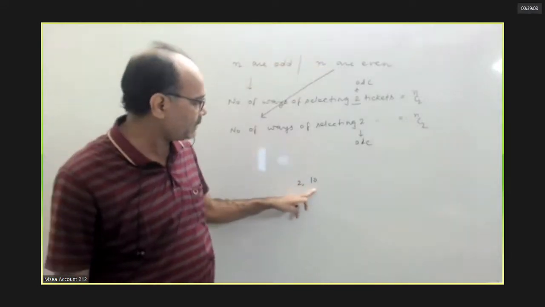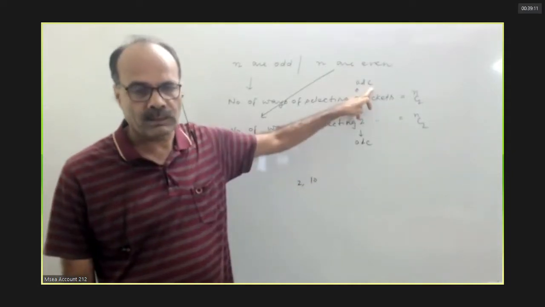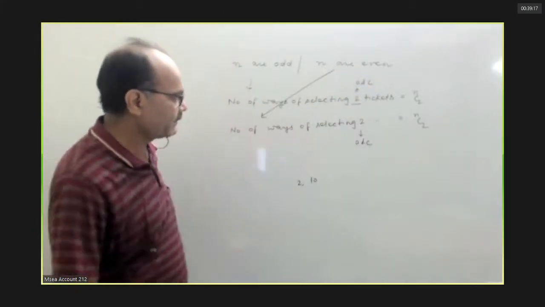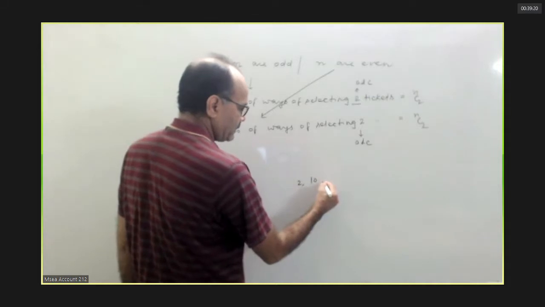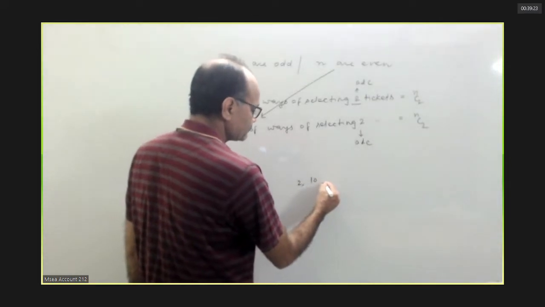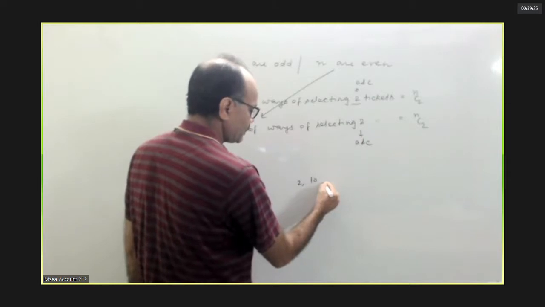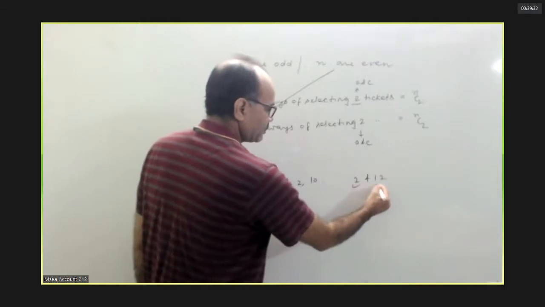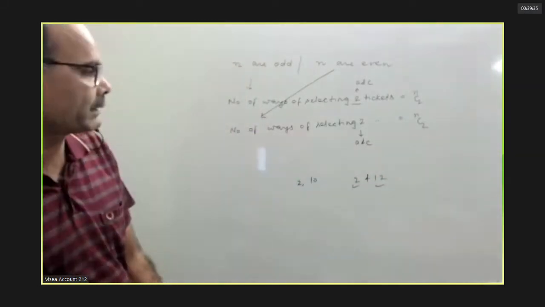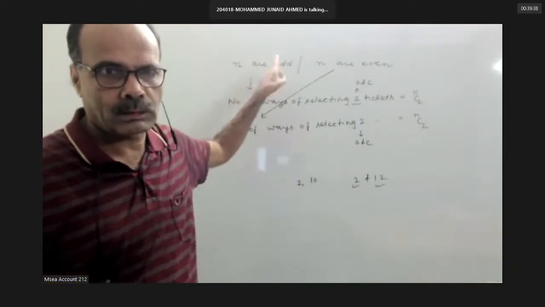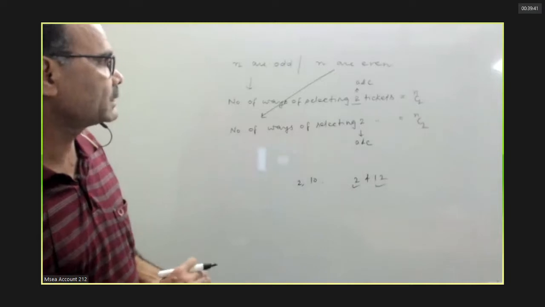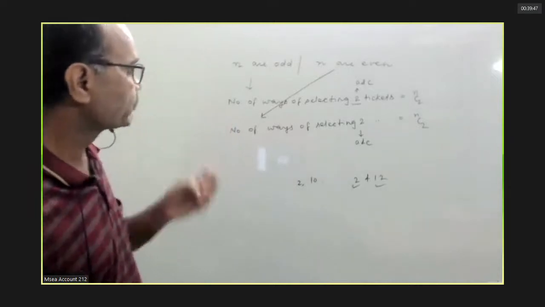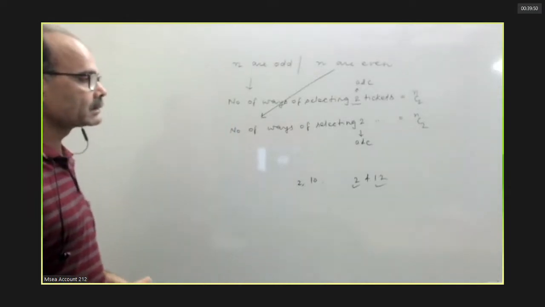What will be B? 6, from the same even group. Let it be from this group or this group, immaterial. Now if you select 2 and 12, A is 2, C is 12, B becomes 7 from the other group. So once I select A and C, B becomes fixed, and that will be from either this group or that group, immaterial.